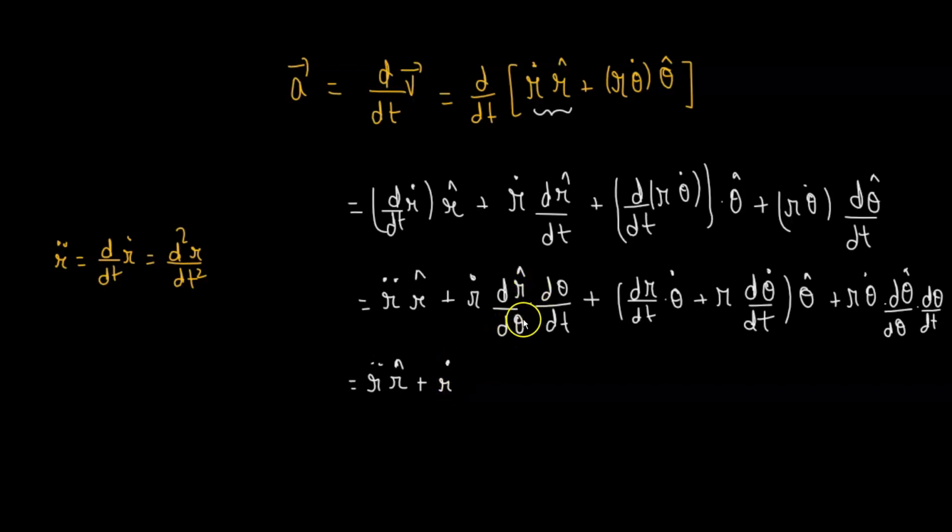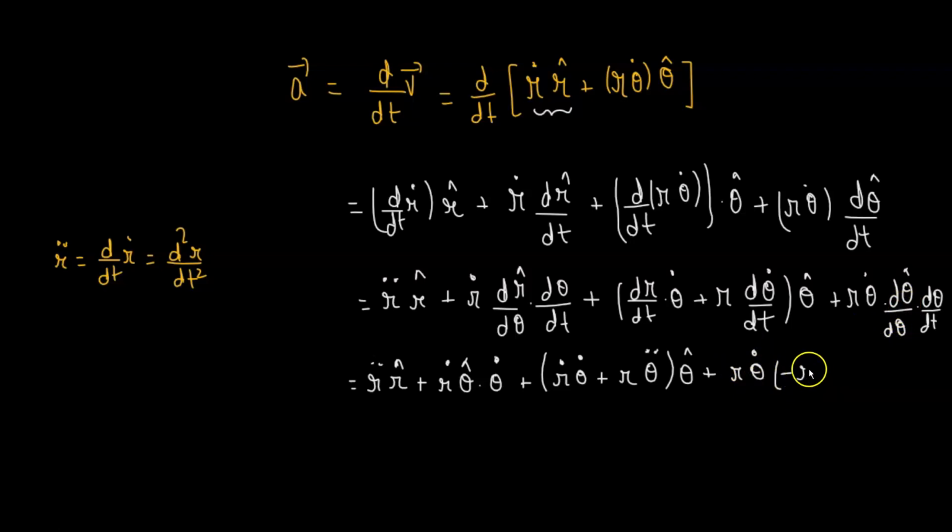So we have dr cap over d theta. So dr cap over d theta is theta cap times d theta over dt, so that's simply theta dot, plus we have dr over dt, so that's r dot theta dot, plus r. So we have d theta dot over dt, so that will be theta double dot, whole multiplied to theta cap, plus r theta dot. We have d theta cap over d theta, so that's negative r cap times theta dot.